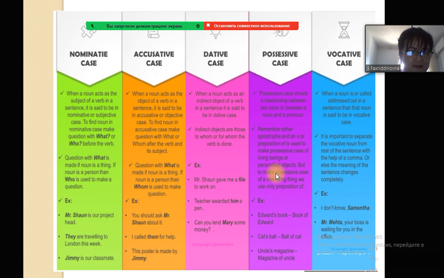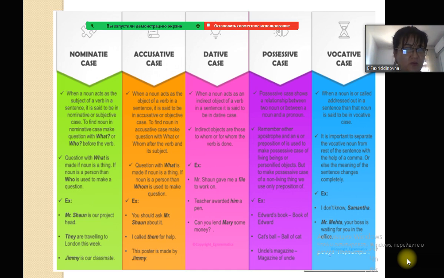Remember, either an apostrophe and an s or the preposition of is used to make the possessive case of living beings or personified objects, but to make the possessive case of a non-living thing we use only the preposition of. For example, Edward's book, book of Edward, cat's ball, ball of the cat.